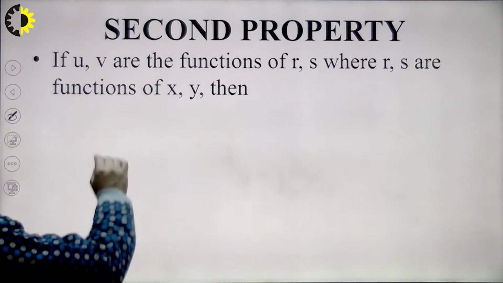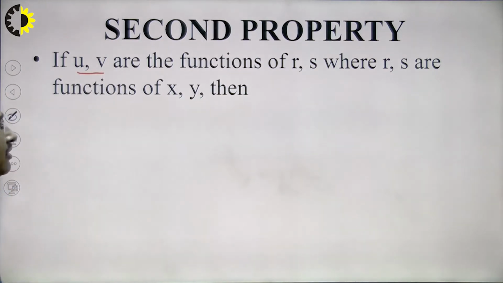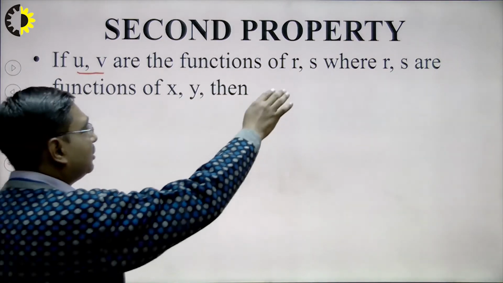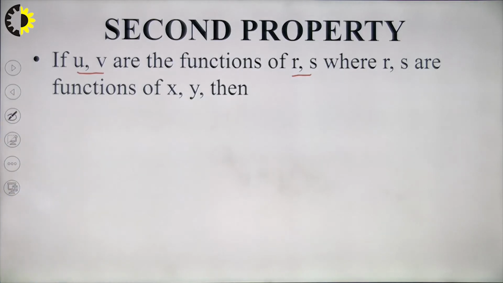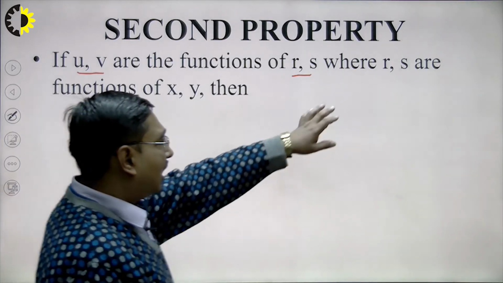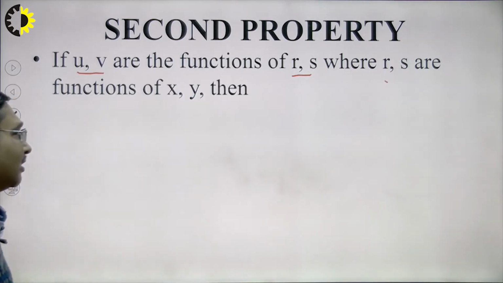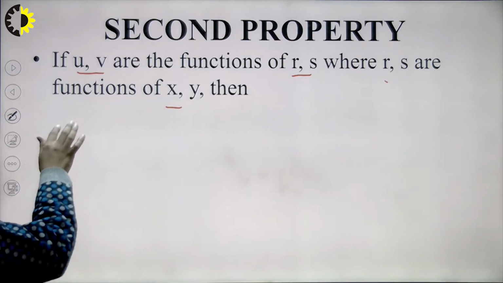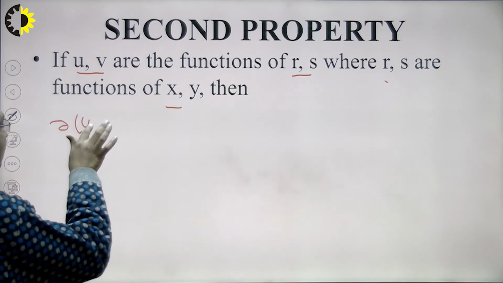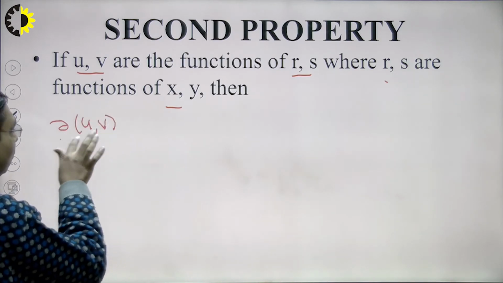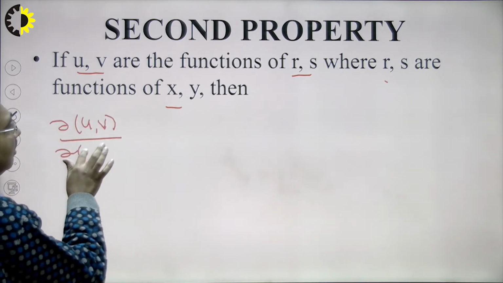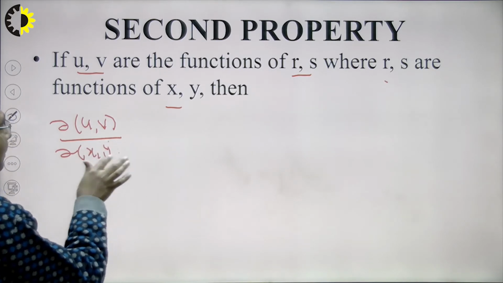The property says if u and v are functions of r and s, where r and s are functions of x and y, then how to calculate this Jacobian del u v over del x y.